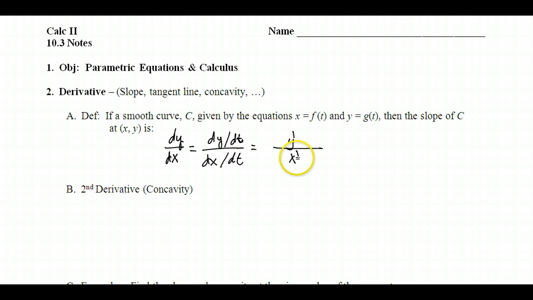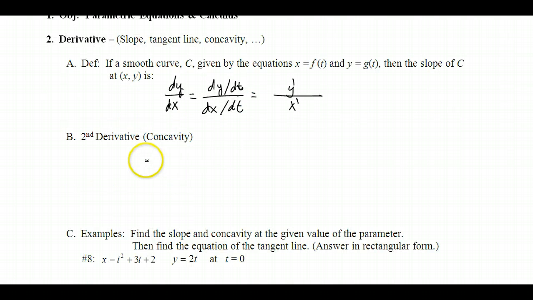The second derivative is a little bit goofy looking notation, and remember that this can tell us about the concavity of something, or of our curve. And notation looks like this for second derivative. So we have our second derivative, and this is y, because our equation is y, divided by the derivative of x squared.